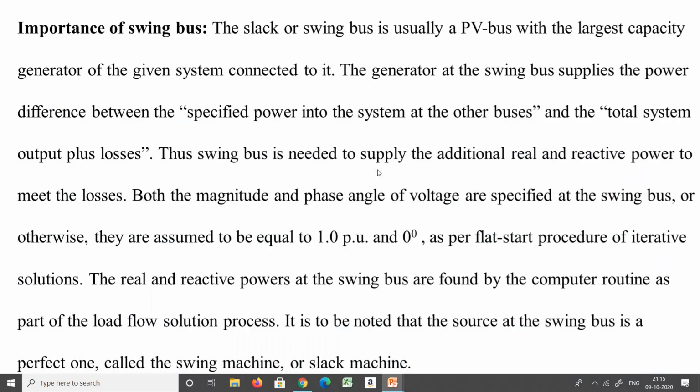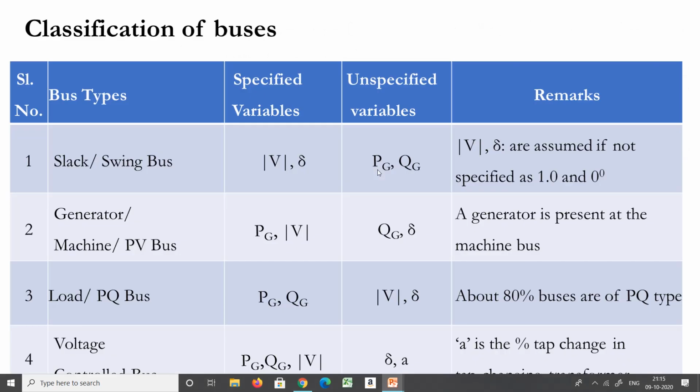So what is the need of a slack bus? Basically there are two types of buses, load and generator bus. Power can be drawn by the load which is specified.